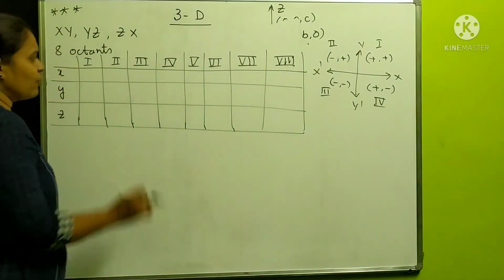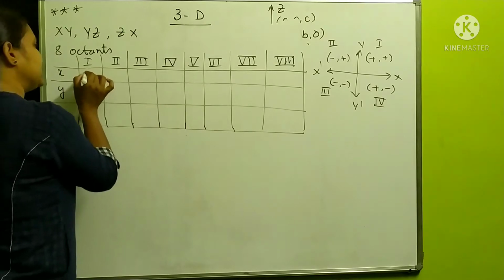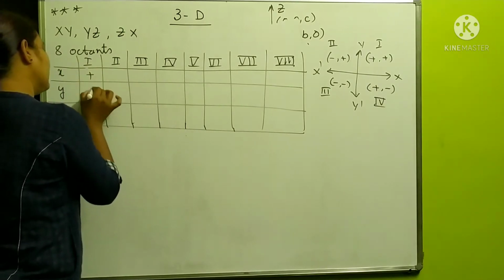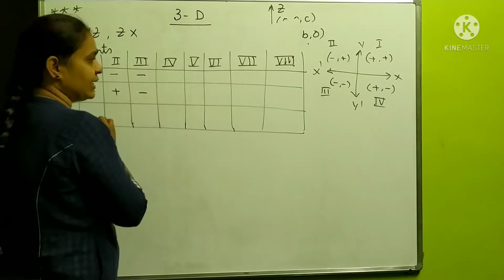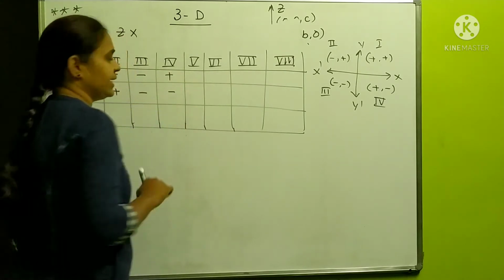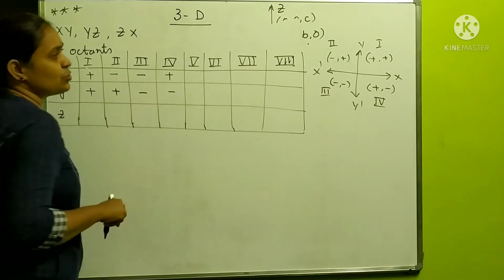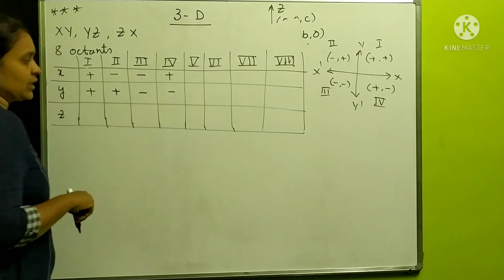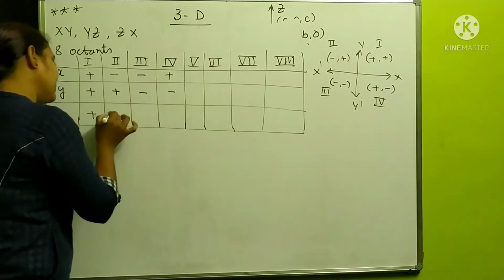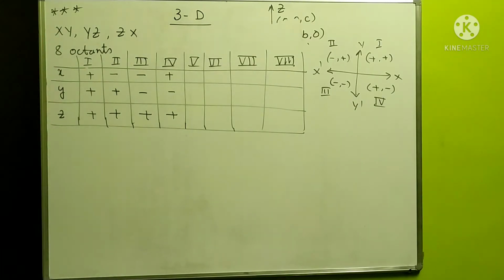That only I will fill for the first 4 octants: positive, positive; negative, positive; negative, negative; positive, negative. For the first 4, I have taken it as usual like quadrants. Next, for the first octants, the Z coordinate will be positive only.